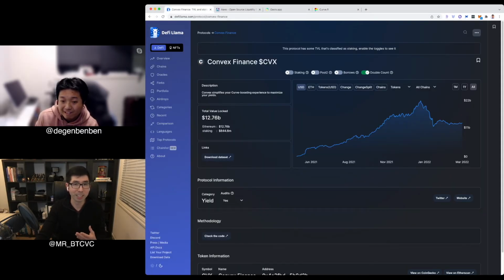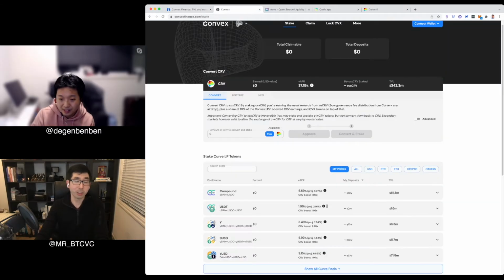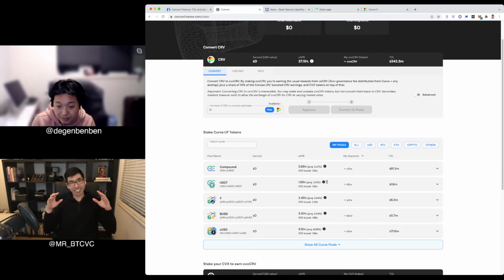what Convex does is it allows you to get the benefits of veCRV without locking up your CRV. So now we're getting to, to me, this is like proper hardcore DeFi in terms of the innovative part.